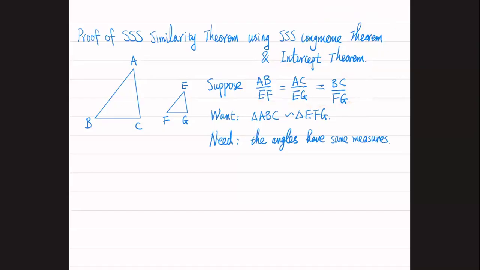Okay, so I will start from point A. On this side, I find a point whose length is the same as EF. That's what we have done before. Okay, step one, find.